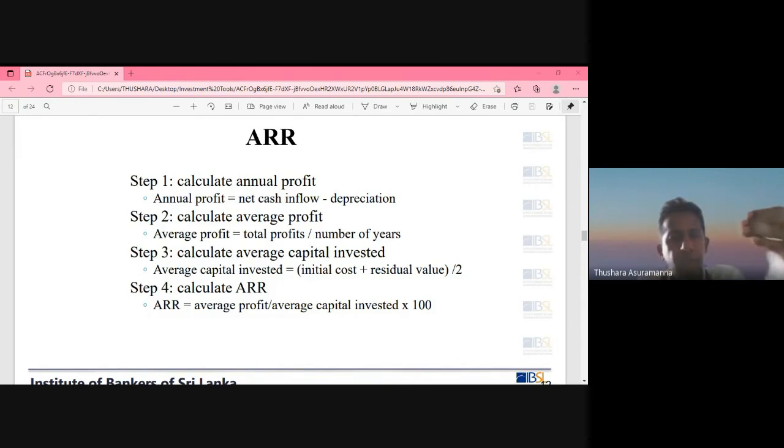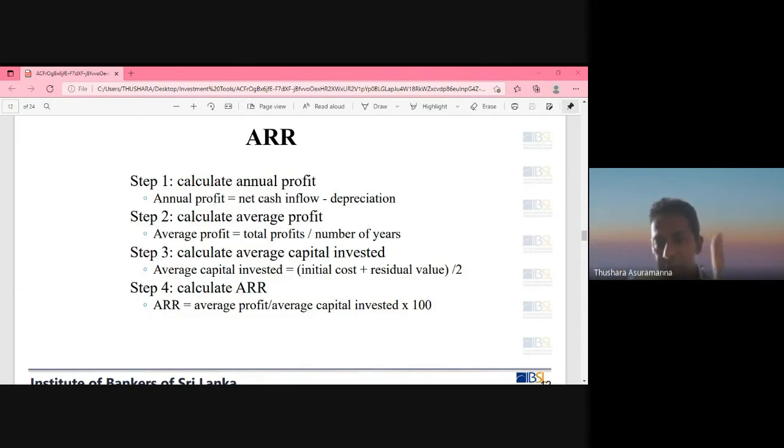So first you need to understand where you get the profit. Year 1, year 2, year 3, year 4. You are making some profit. That is the cash flows that they are talking about. And then there is a depreciation for each year. So for every one of the 4 years, you can compute annual profit.